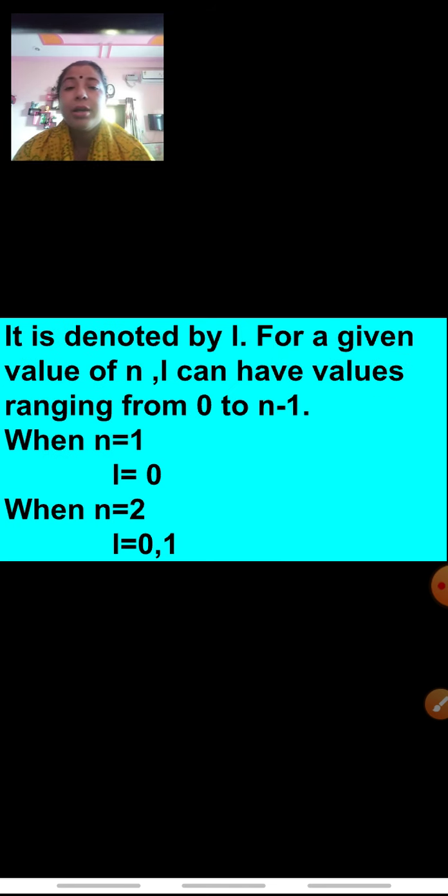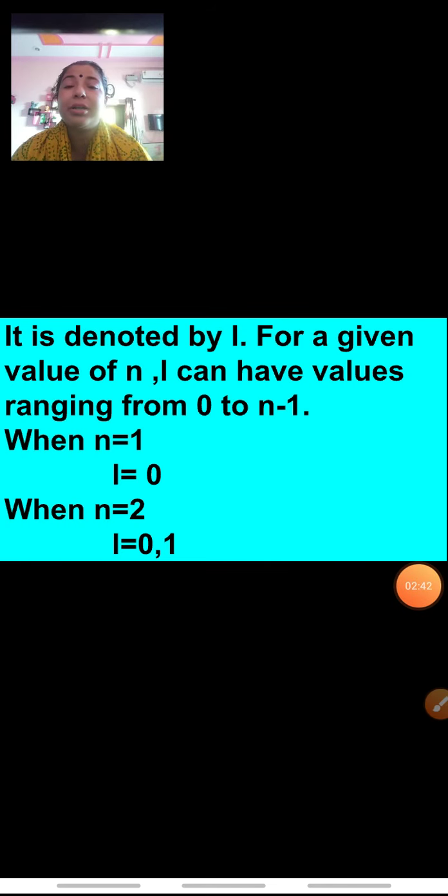Now, second, the azimuthal quantum number, it is also known as the orbital angular momentum, or it can be said subsidiary quantum number. It defines the three-dimensional space of the orbitals. It is denoted by small l. For a given value of n, l can have values ranging from 0 to n minus 1.